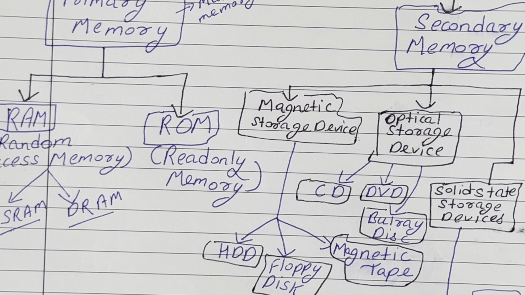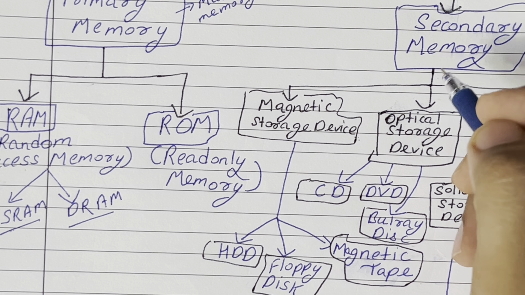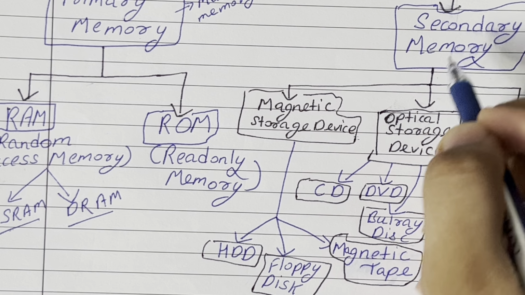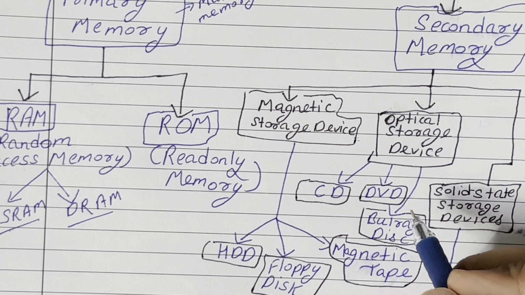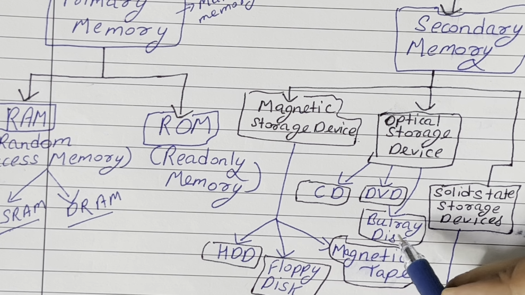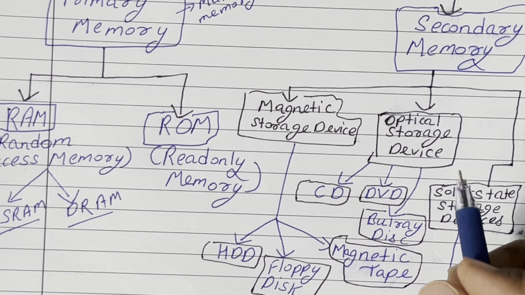Now, let's know why we call it secondary memory at all. The term secondary memory is used because this memory serves as a secondary storage area after primary memory. The processor, as you know, first relies on primary memory for active processing, while secondary memory stores information that is not immediately required by the CPU.